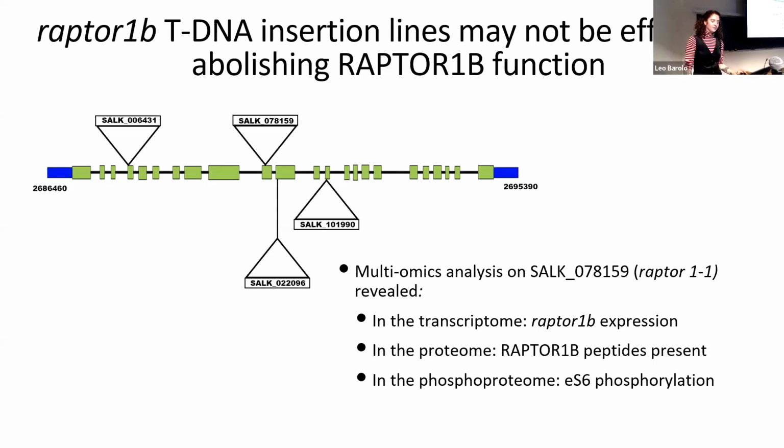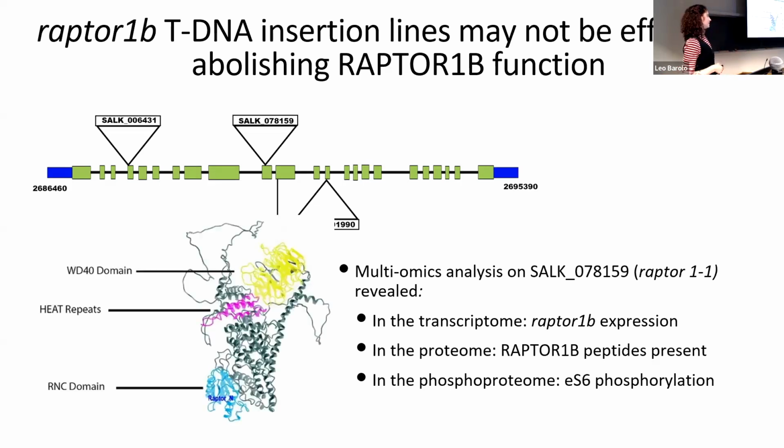And it found that in the transcriptome, there was expression of Raptor 1b, in the proteome, that there were Raptor 1b peptides present, and then in the phosphoproteome, which is the way that we tell whether TOR is active or not, because it phosphorylates things, there was phosphorylation of ES6, which is one of TOR's downstream substrates. So this would suggest that potentially this line is not actually abolishing Raptor function, even if it's maybe messing with the gene. Raptor can still function, and therefore these lines would actually not be Raptor 1b knockouts, but maybe just slightly less effective mutants.